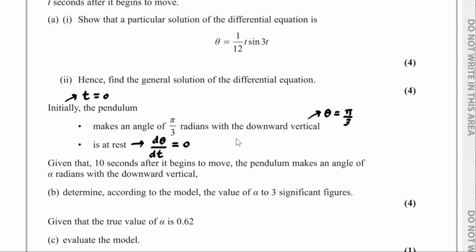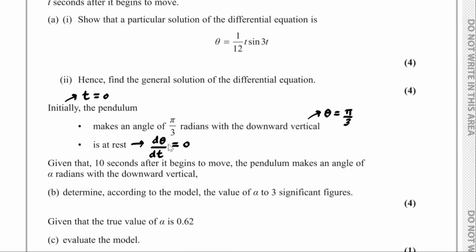So we've got these conditions which will help us find out the solution to the differential equation, and once we have that, we can find out the value of alpha.